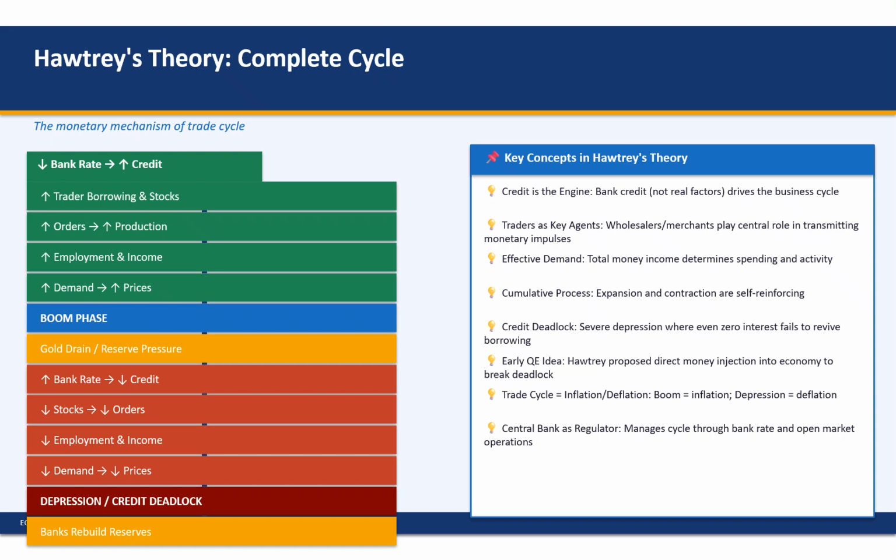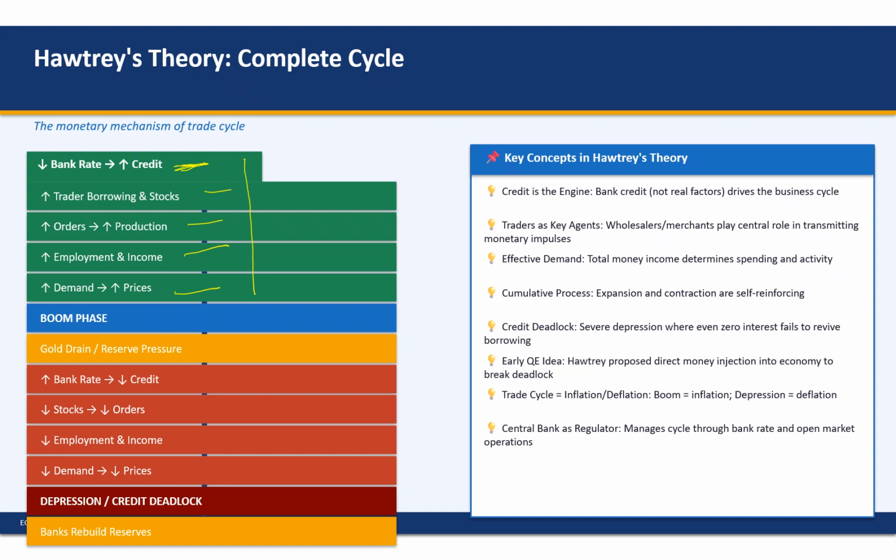Now we can see when the bank rate falls, credit rises in the economy. Traders' borrowing increases, stocks go up, orders to the producers rise, employment and income expand, and demand pushes the prices upward. That is the boom phase in Hawtrey's theory.